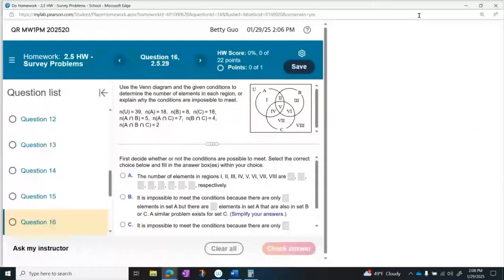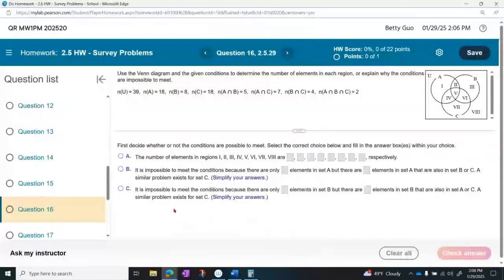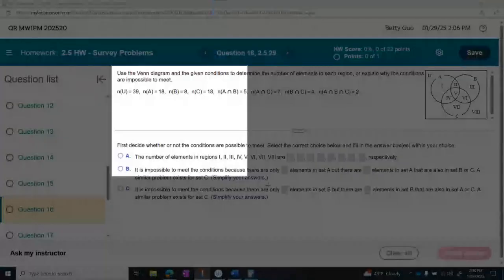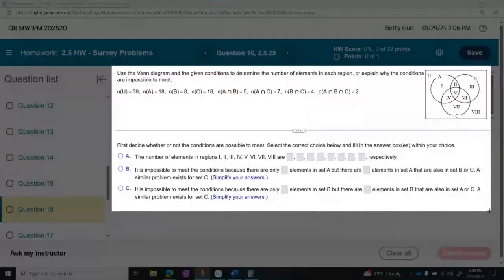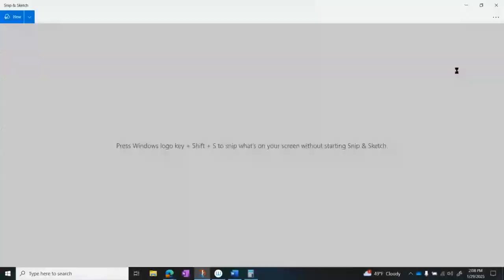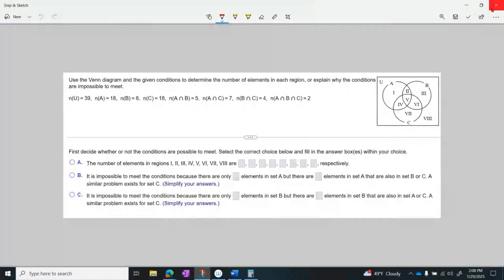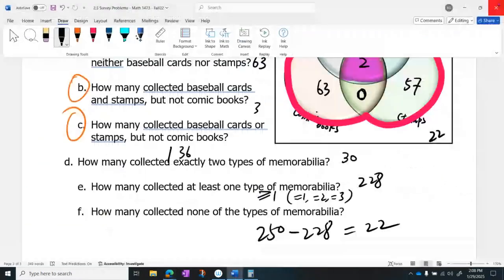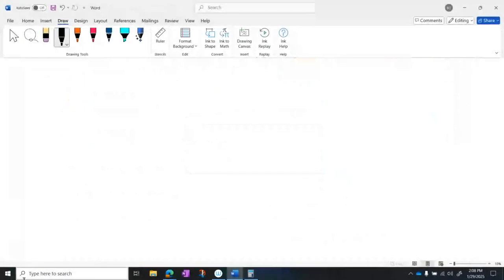Yeah, sometimes you have to choose A, sometimes you have to choose B. I'm not sure about C. I'm going to use my OneNote.